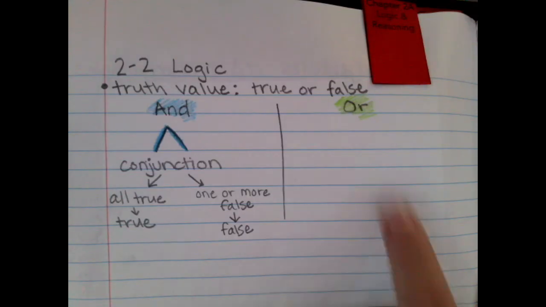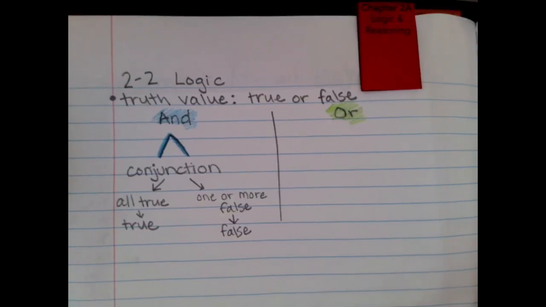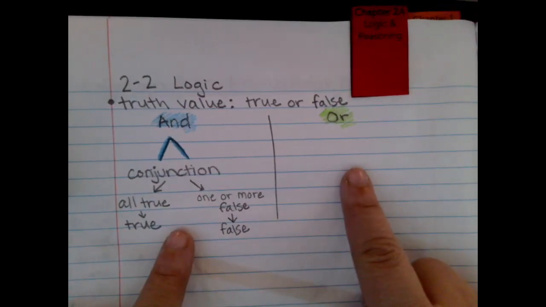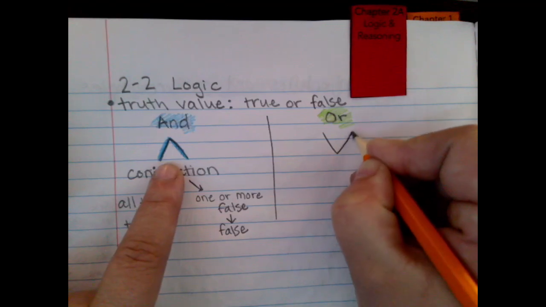All right, our next one is an or. So an or, it's not necessarily the opposite of and, but it's a little bit different. An or, our symbol is going to be that symbol, but flipped upside down.